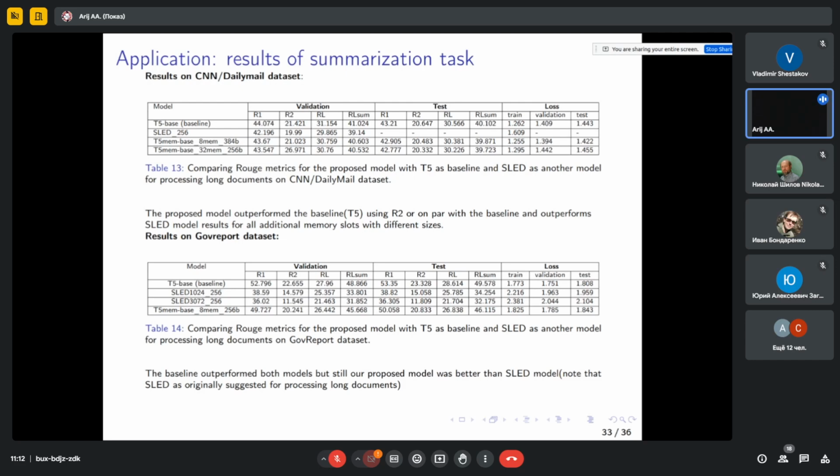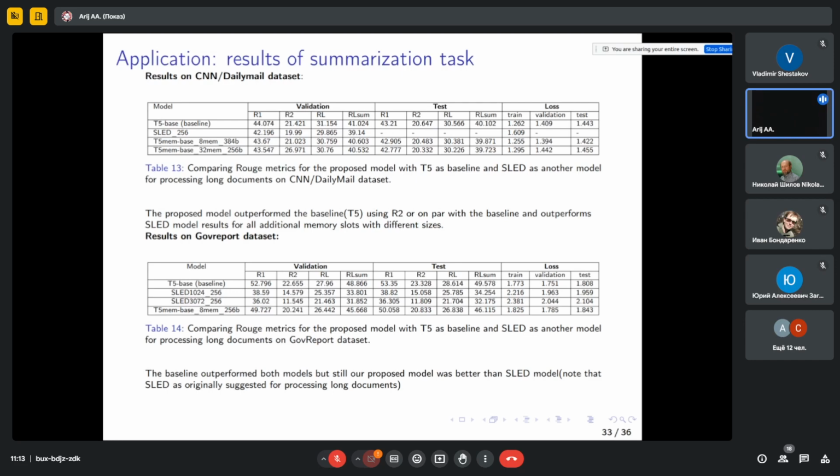And for the results of CNN and GovReport, the T5 baseline resulted in better results with a small difference from the proposed model, while the proposed model and the baseline T5 were much better than SLED. What is the reason for that?